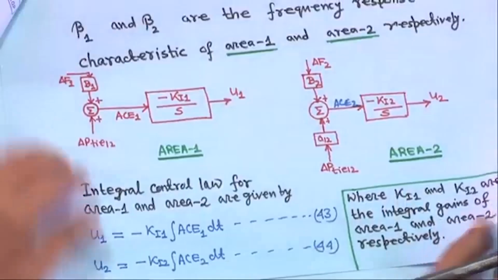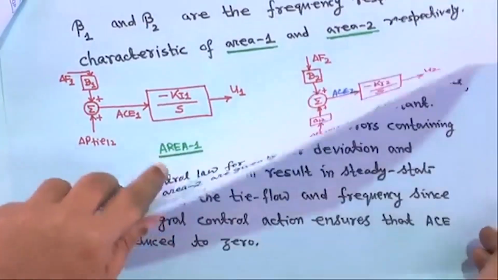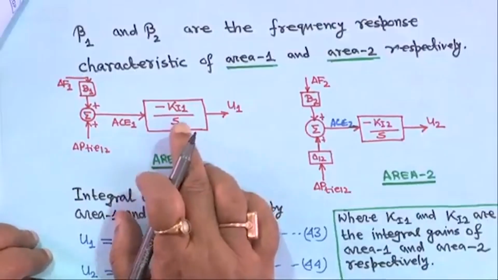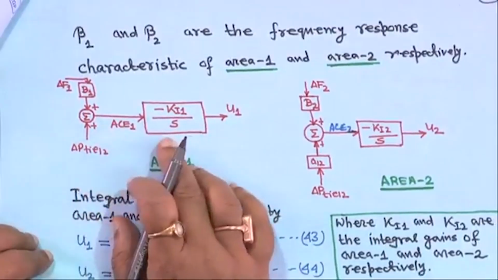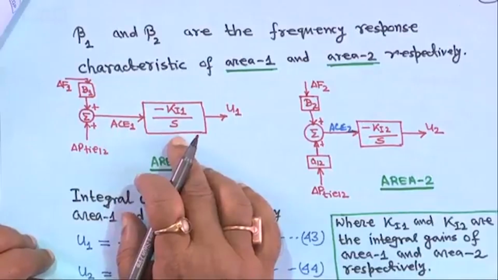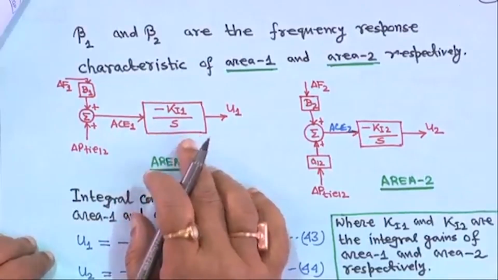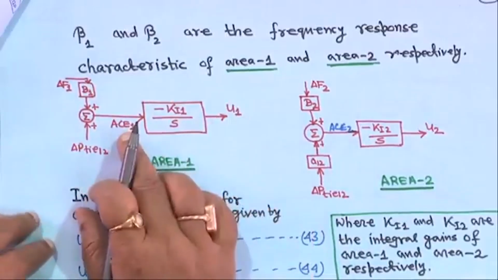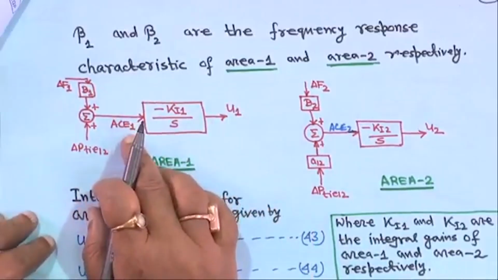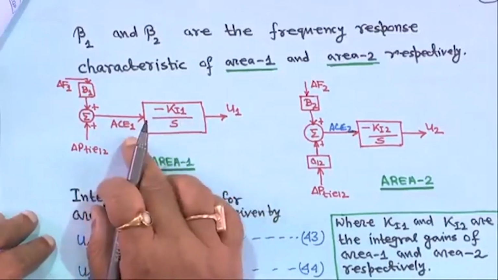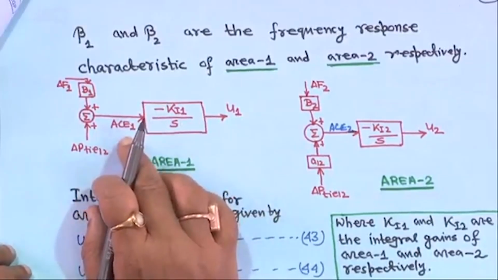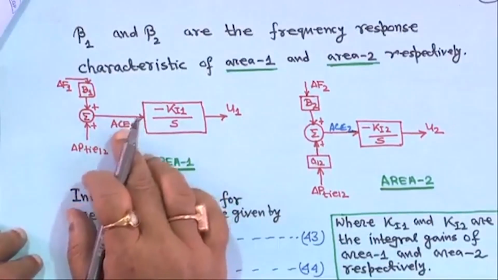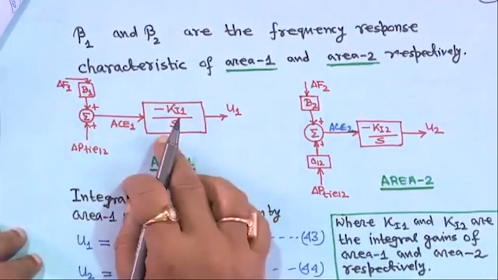So, this is how one can take the integral control action. Here one can also try proportional integral or PID, but for thermal units PID control is not recommended, while proportional integral is possible. The second thing is that the area control error is not fed to the controller continuously; it has a sampling time, and you have to sample at every sampling instant, for example T equal to 2 seconds.